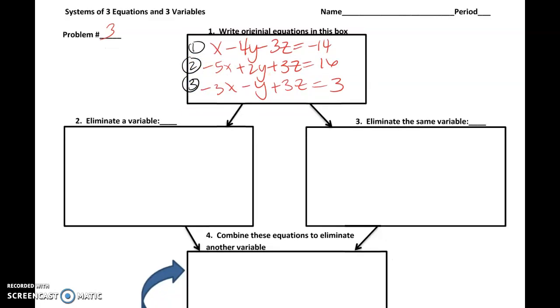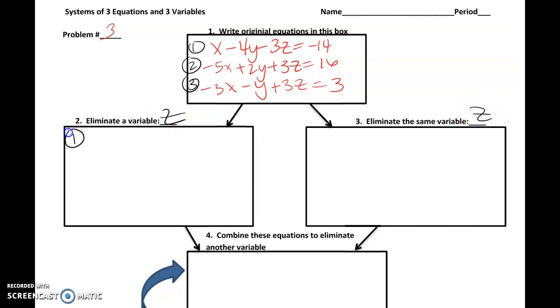So step 2 says to eliminate a variable, and I see that my z's already have opposite coefficients, -3z and +3z, and -3z and +3z. So I'm going to eliminate my z's. That seems to be the easiest one to eliminate.